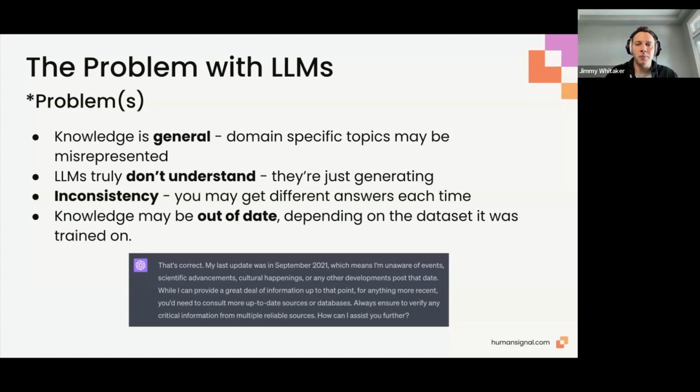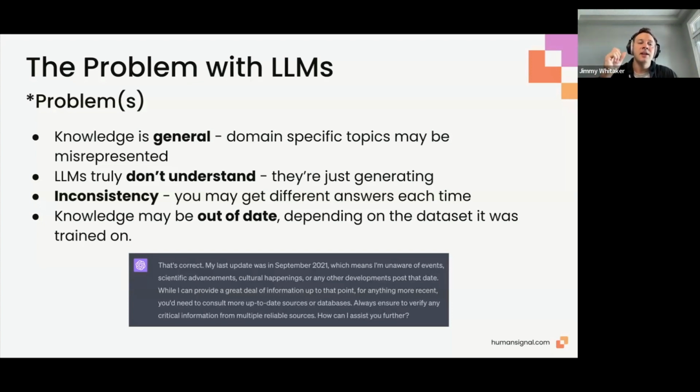So for really domain-specific topics, where there may not be as much information in the library, the response you get may be misrepresented. For instance, if I ask a medical question to a large language model, it may give me the general answer that's available on the internet, but it's not going to give me a doctor-specific response, or a response that a doctor who's done a lot of research into the area would tell me.